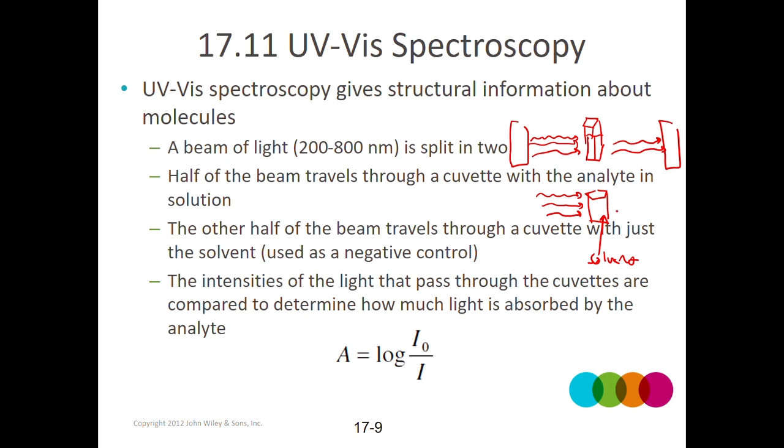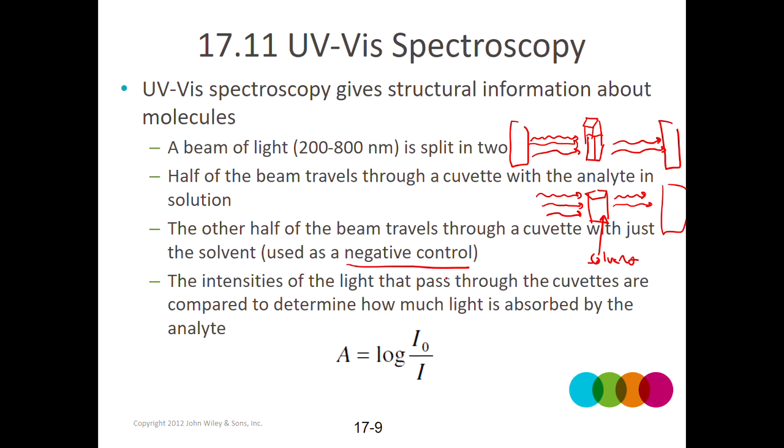If the solvent absorbs some light and I don't see it coming out the other side, well, it also wouldn't make it out the other side when I have my unknown or compound dissolved in the solvent. So whatever light the solvent absorbs, we need to use that as a control.